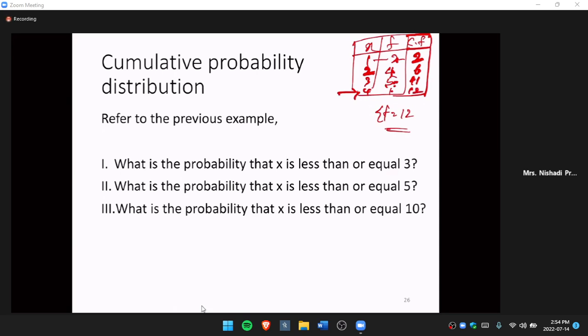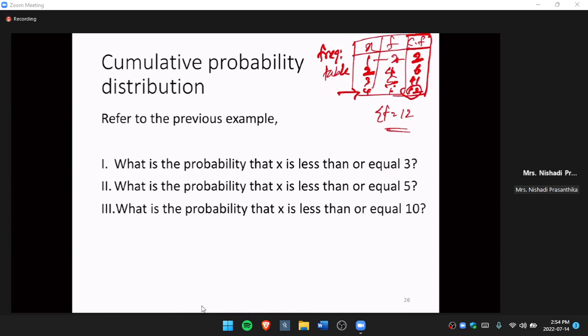If you have obtained cumulative frequencies correctly, you have to end up with the total frequency at the final cumulative frequency row. Is that clear? So this is how we find cumulative frequencies for a frequency table. But here we do not have any frequency table.